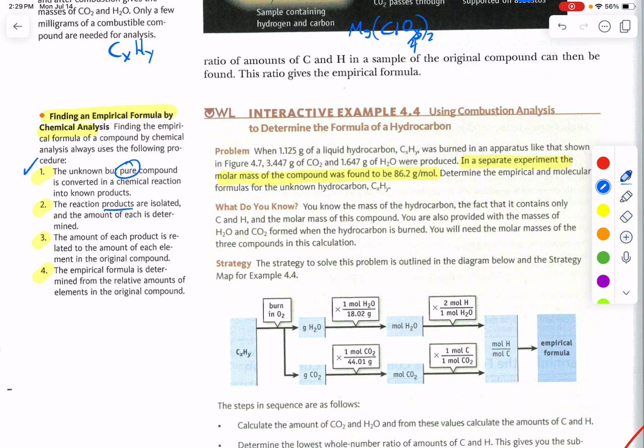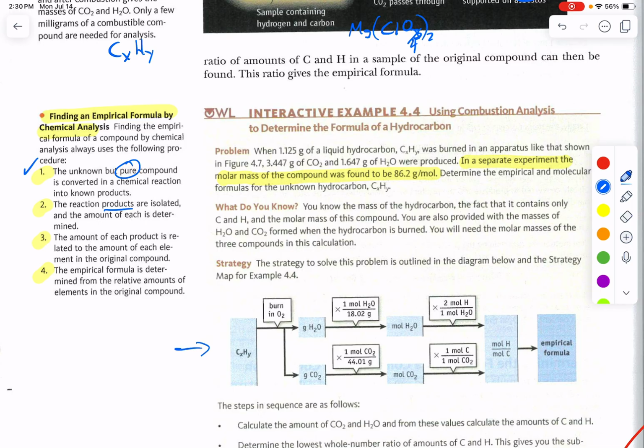And then we're going to measure the amount of water and the amount of CO2, because that gives us very important information. And we can work backwards from there to see what carbon and what hydrogen atoms are left to make up this compound called CXHY, whatever it is.